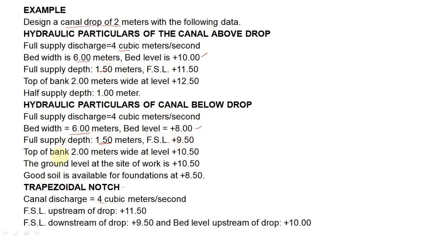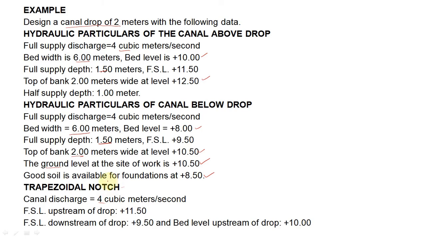And elevations are given. Top of bank is 2 meters wide. Bank elevation is given and its width is also given on both upstream and downstream side. And ground level at the site is 10.5. Good foundation is available at plus 8.5, meaning from MSL.